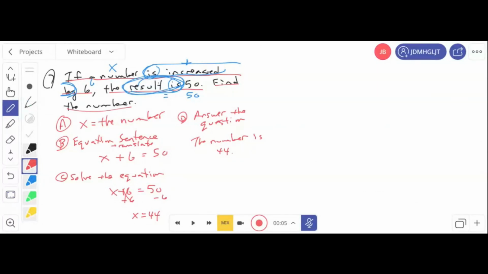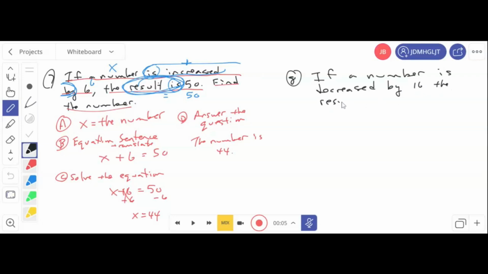Number 8. Number 8 is just like number 7. Number 8 says if a number is decreased by 16, the result is -2.